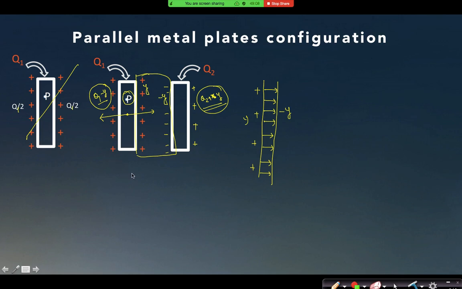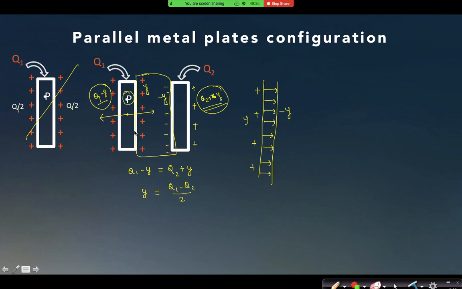Yes, sir. So as the plate areas are same, can I say Q1 minus y is equal to Q2 plus y? From there I can find the value of y is equal to (Q1 minus Q2) by 2. Now I can find the charge distribution on each of the surfaces of the plates.